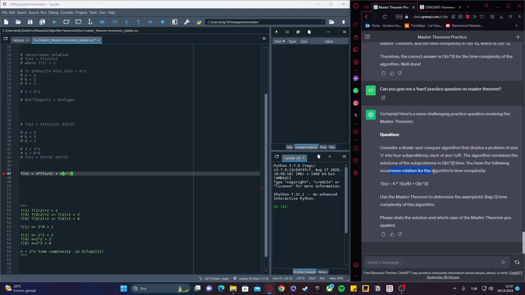And you have the following recurrence relation for this algorithm's time complexity. Use the master theorem to determine the asymptotic big O time complexity of this algorithm.